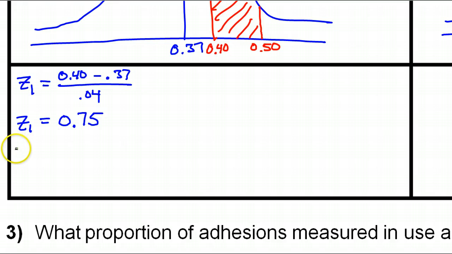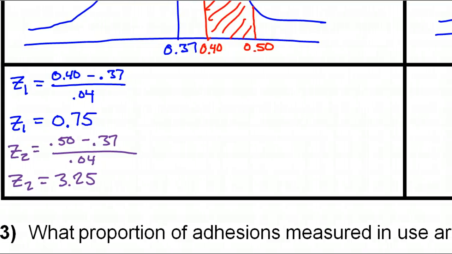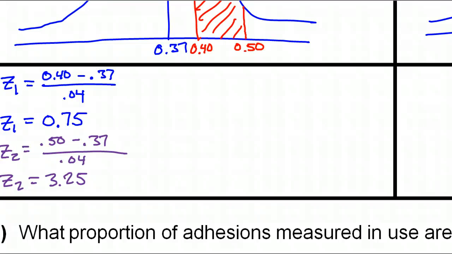z2 should equal 0.50 minus 0.37 divided by 0.04. So z2, again in the calculator, is 3.25. So there you go, I have z1 and I have z2. Let's put both of these values on the z-score picture.